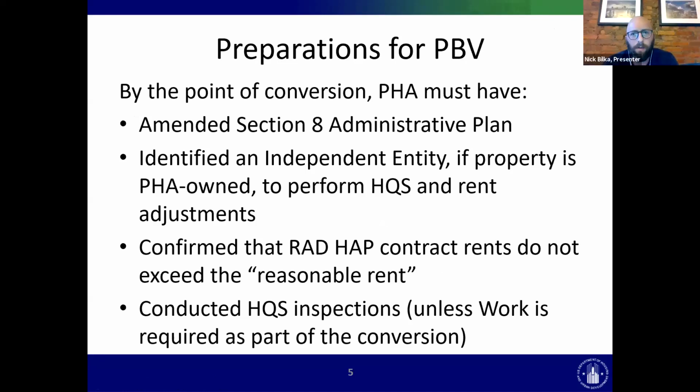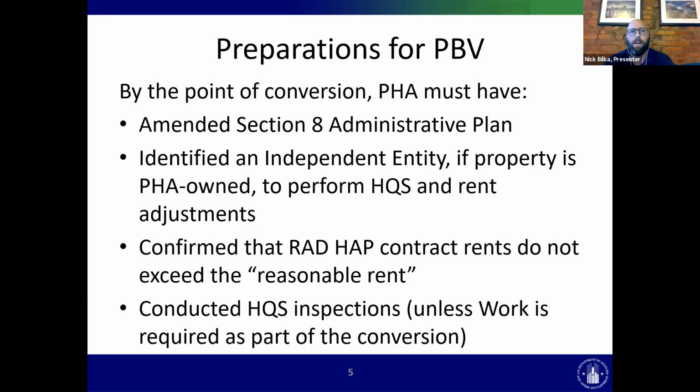Yeah, sure. First and foremost, as I mentioned earlier, their administrative plan has to indicate that they're having a project-based voucher program and set out the criteria for site selection, for selecting proposals, things of that nature. They also have to identify an independent entity if the property is PHA-owned to perform things like HQS and rent adjustments under the OCAF.